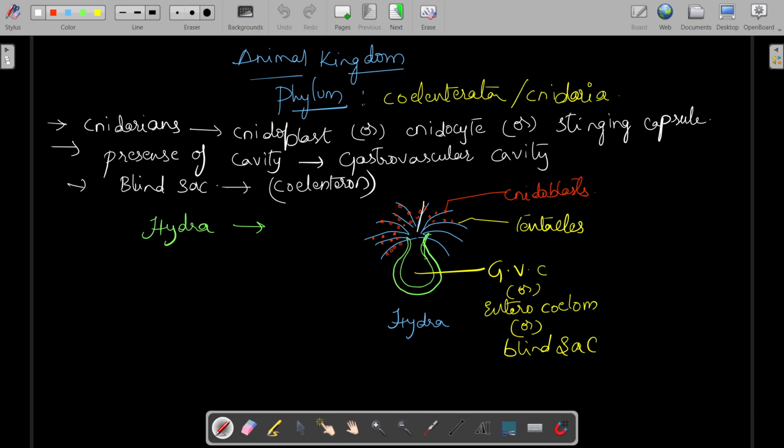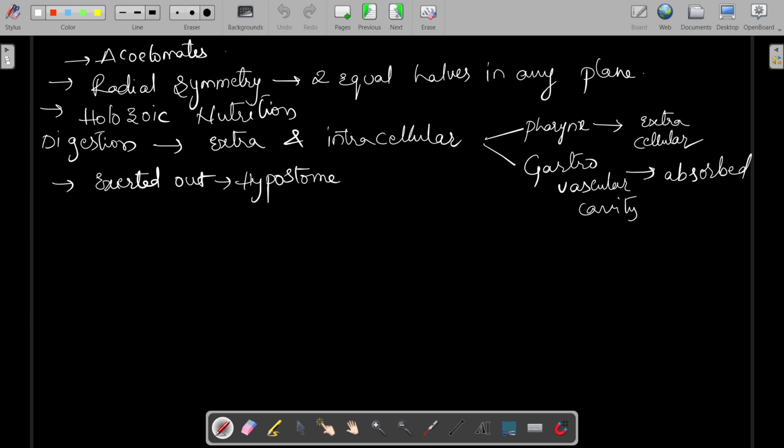This is the hypostome, a mouth-like opening present on the top of the organism. From here the unwanted material is excreted out.